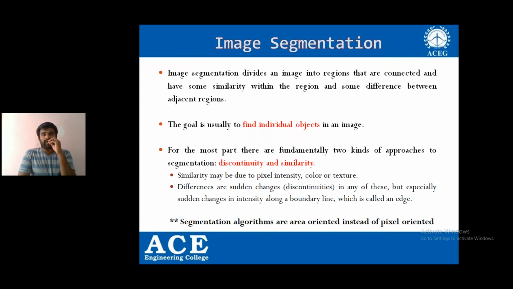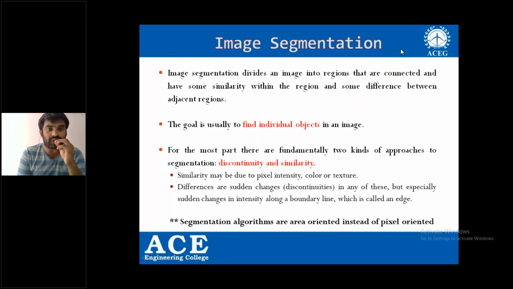To extract the content, the objects, from the image, I'm going to use this procedure, image segmentation, first. I segment the image based on the similarities or the connectivity between the pixels, and therefore I can separate the objects. That is the basic idea behind image segmentation, right?